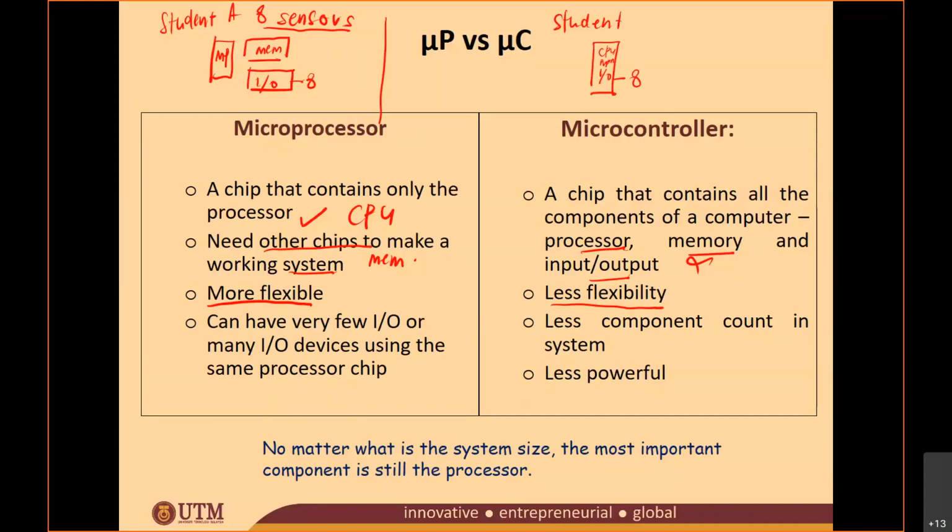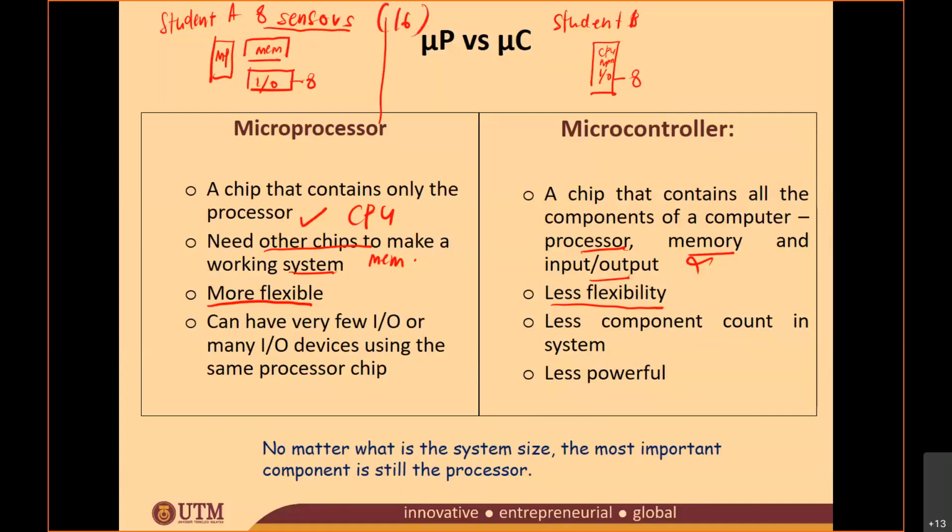So now, the lecturer says, now we are going to expand our system. Instead of using 8 sensors, kita nak tambah lagi another 8 sensors, which is a total number of sensors yang kamu kena guna ialah 16 sensors.